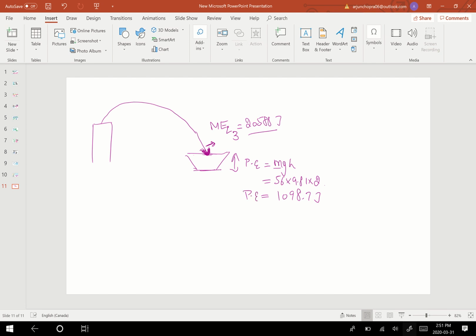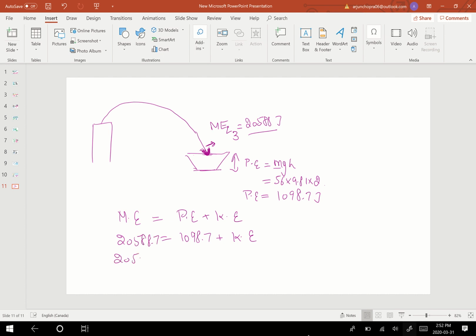Now the rest of the energy will convert into the kinetic energy. So mechanical energy equals potential energy plus kinetic energy, and the potential energy is 1098.7 plus kinetic energy, and the mechanical energy is 20588.7.